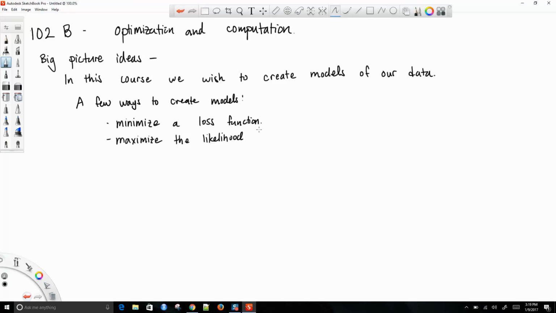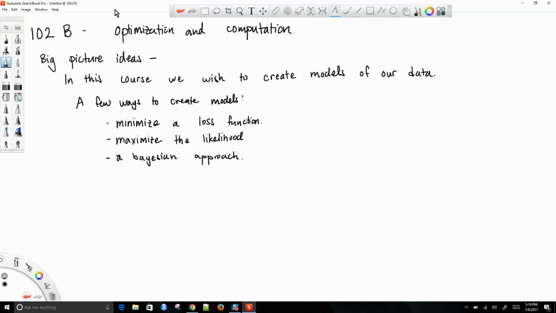And then we have a bit of a Bayesian approach. There's a lot of stuff there, so I'm just going to wave my arms and say a Bayesian approach. We'll explore some of these things.